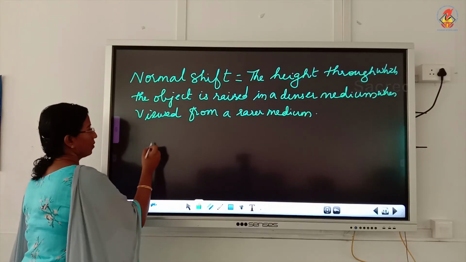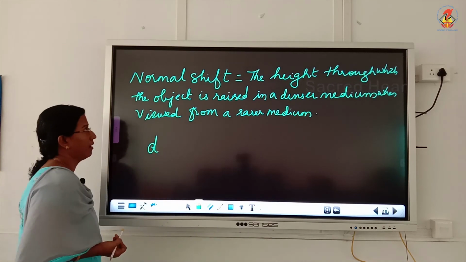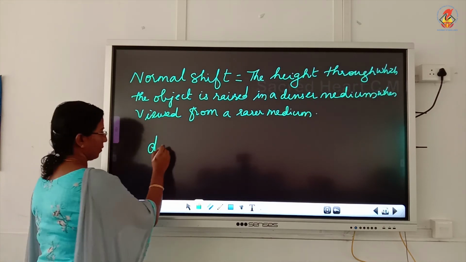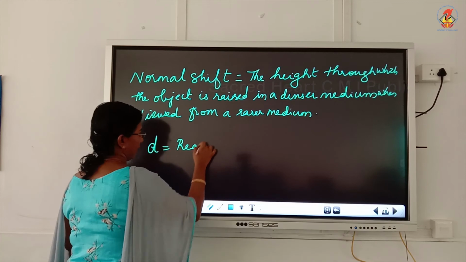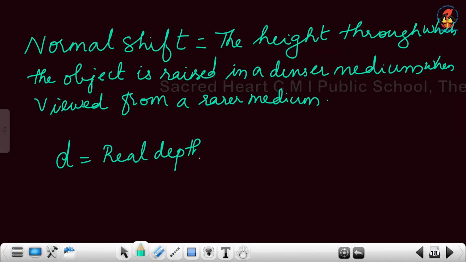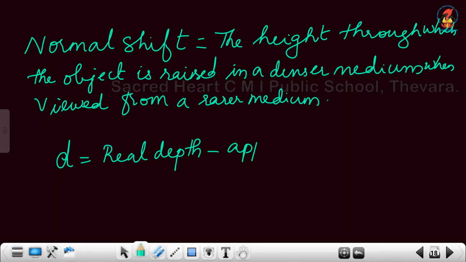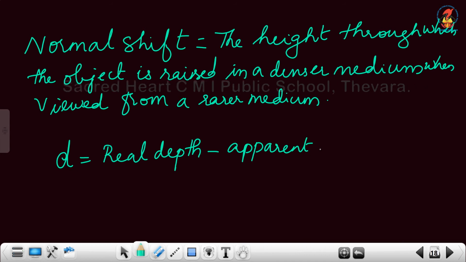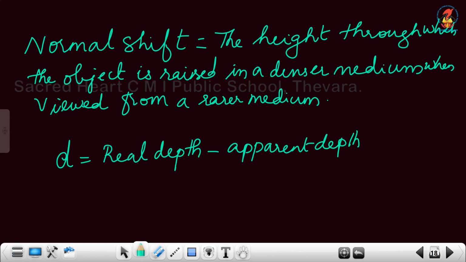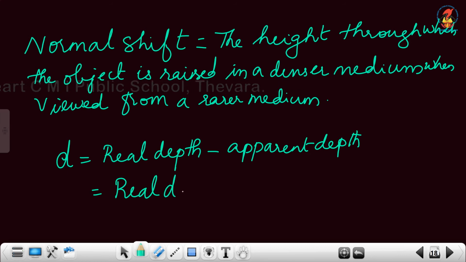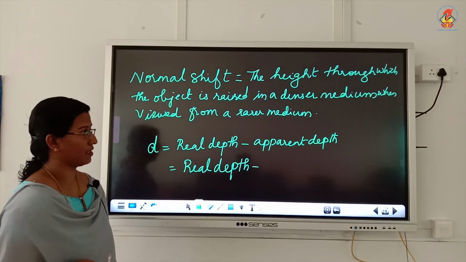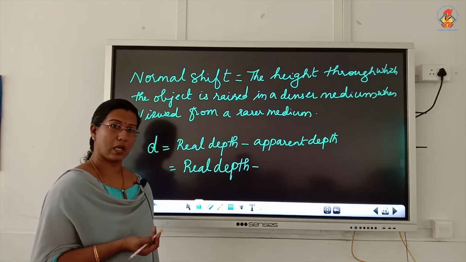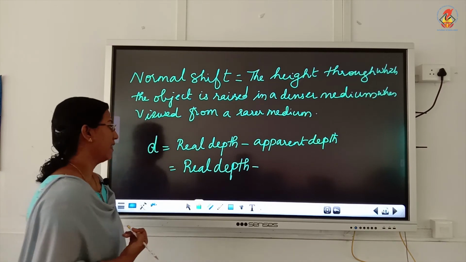So normal shift d is equal to real depth minus apparent depth, which is equal to real depth minus... The relation between real depth, apparent depth and refractive index is: apparent depth is equal to real depth divided by refractive index.